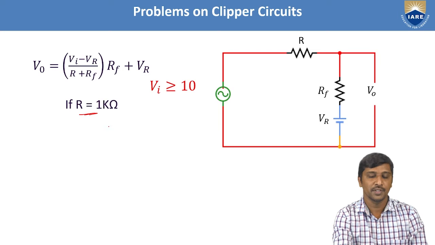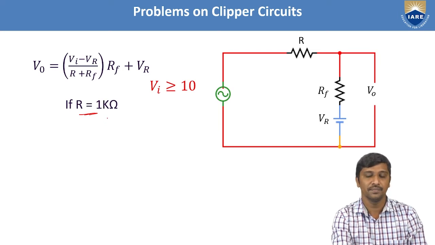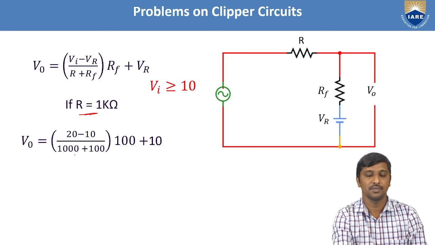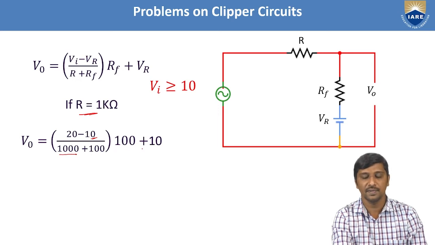I substitute R as 1 kilo ohm, and the remaining parameters are the same: input voltage, reference voltage and diode forward resistance. Only the input resistance R is modified. So VI is 20 volts, VR is 10 volts, R is 1000 ohms and RF is 100 ohms, plus 10.